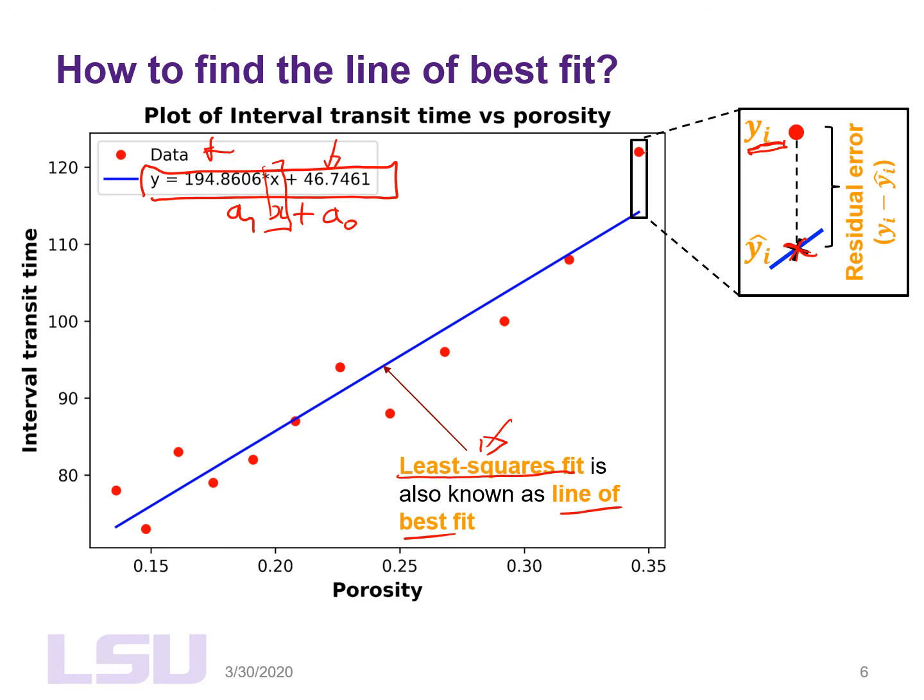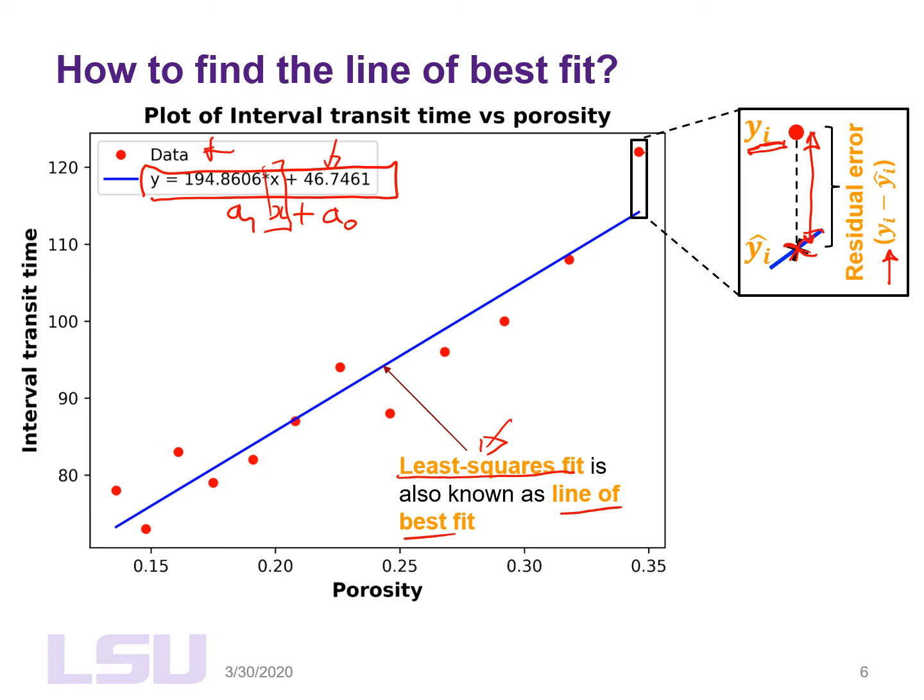And the residual error is this distance. So yi minus y hat sub i, which is precisely this. That is the residual error. And that is what we need to square, then sum up. And why do you square it?